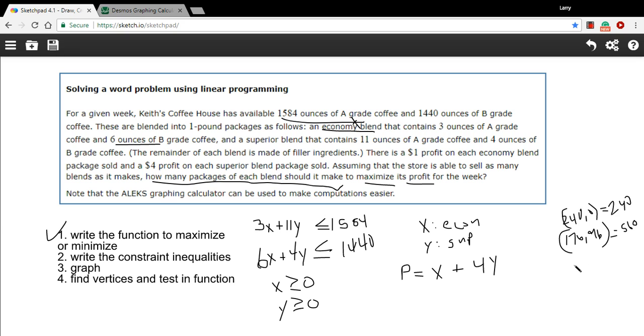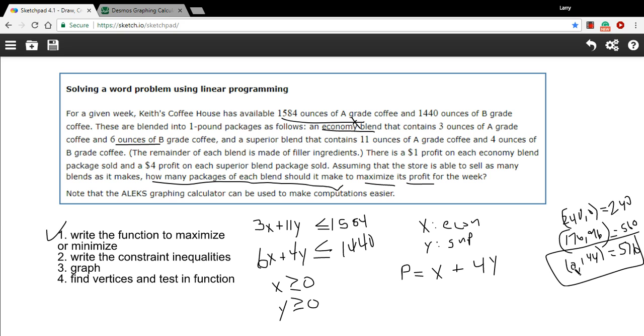And let's try our 0, comma 144. I have a feeling this might be the one. So 144 times 4 is, yeah, that's 576, I think. So that's definitely the biggest piece right there. So that maximizes our profit function.